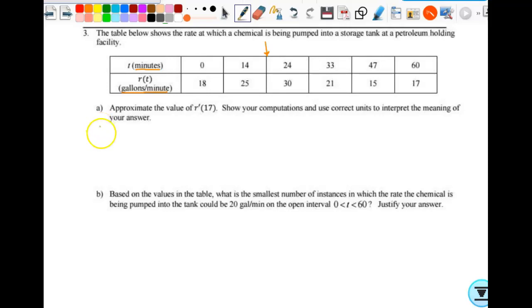All right, so that means that r prime of 17 is about equal to r of 24 minus r of 14 over 30 minus 25. No, wait, 10.